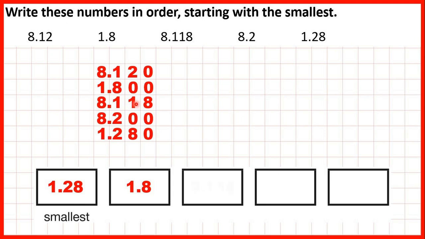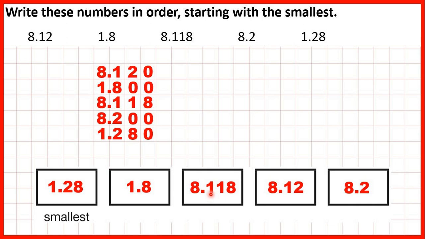So we know that this number here, 8.118, will be next smallest, and then we will have 8.12. That means 8.2 is our largest number, because that has 8 ones and has 2/10, and both of our other numbers with 8 ones only have 1/10.